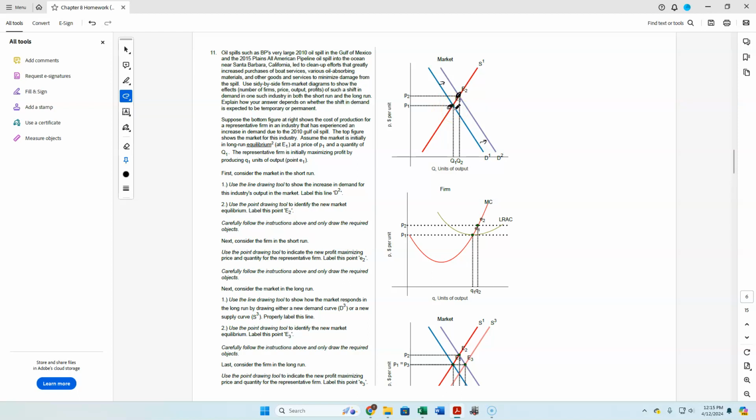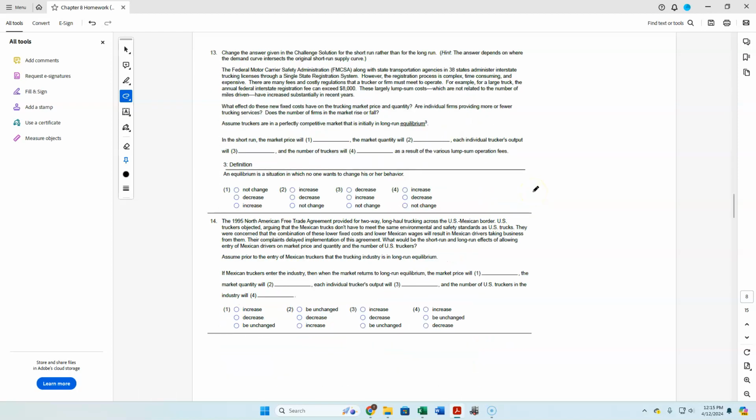Then we need to talk about what happens where the cleanup efforts are increasing the purchases of boat services, oil absorbing materials, and whatever. So now we need to talk about a situation.